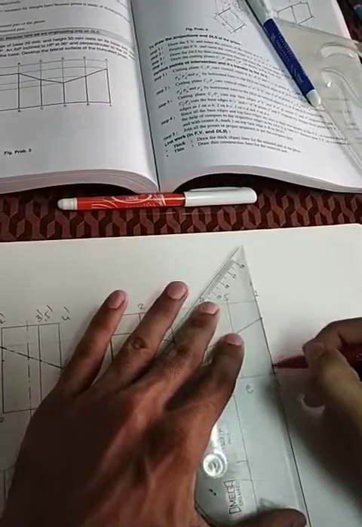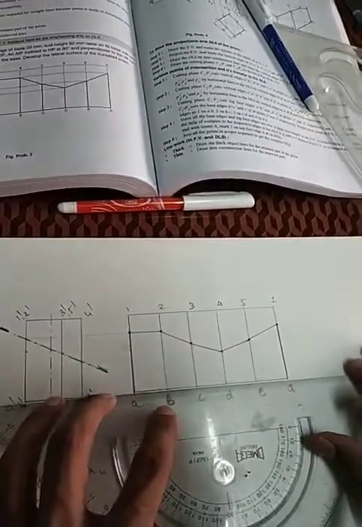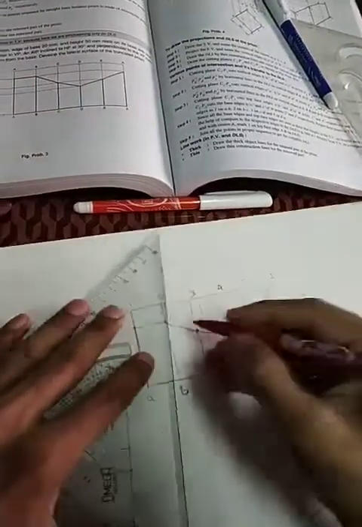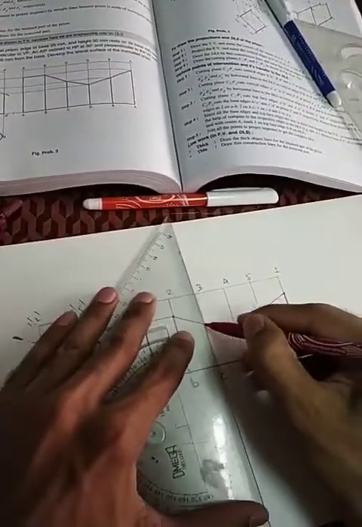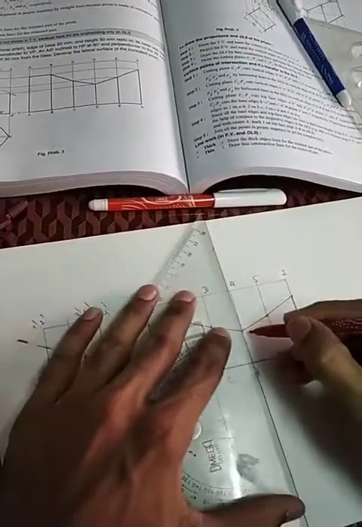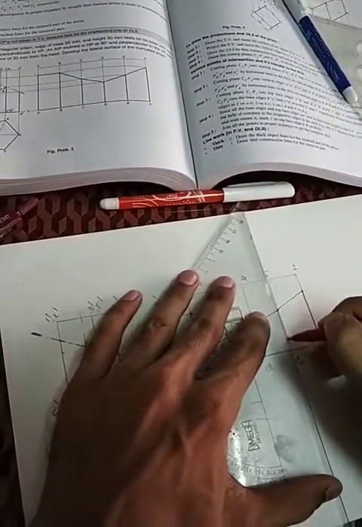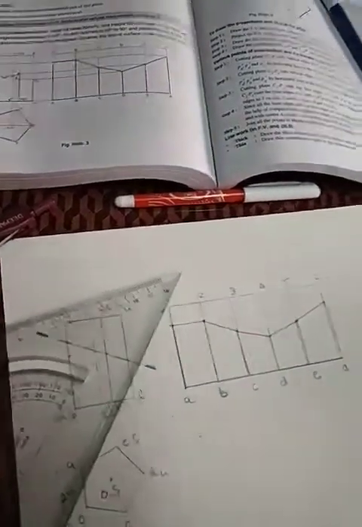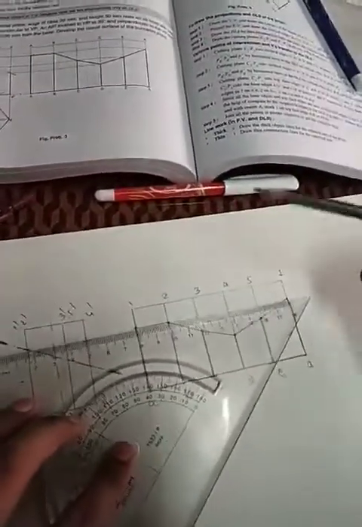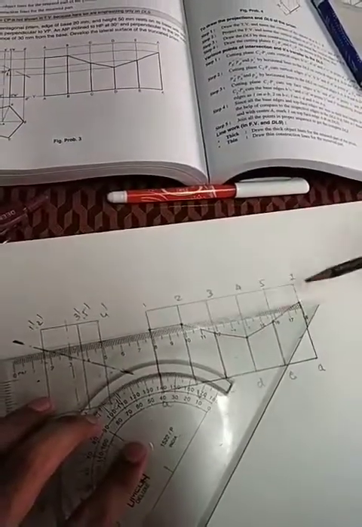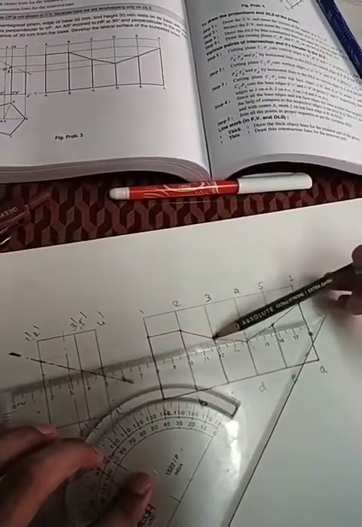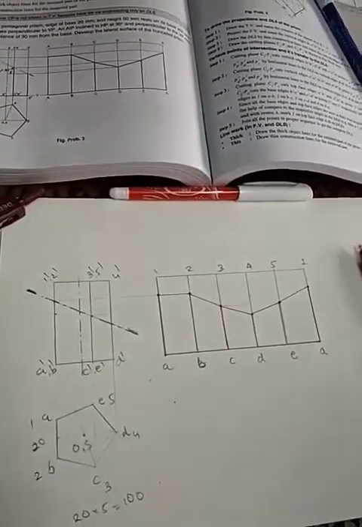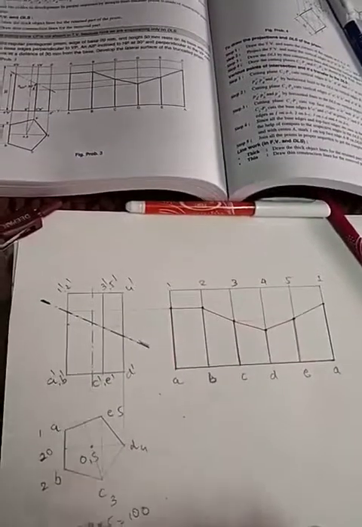You have to darken only the bottom portion. So this is how my development of surface will look like. You can draw this projection line very lightly. So this is how it looks like, the development of surface of a pentagonal prism.